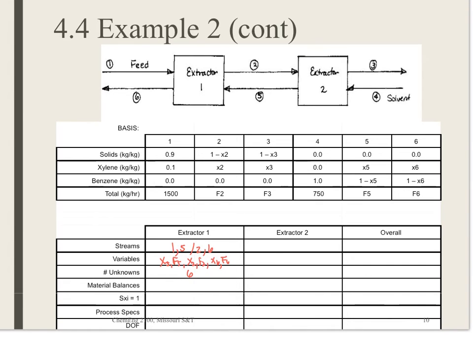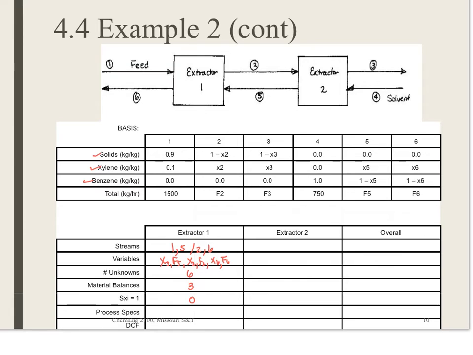How many material balances can we write? Well, we have 1, 2, 3 components, so we can write 3 material balances. Sum of x's, well, because of the way I set these up using x2 and 1 minus x2 instead of like x2 and y2, I get 0 sum of x equations.